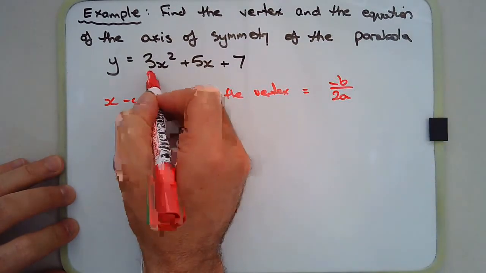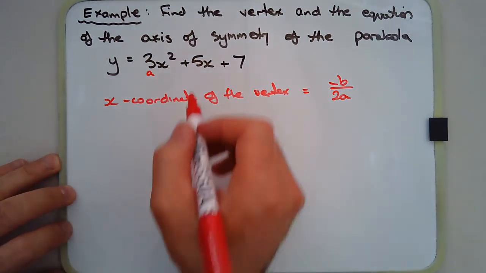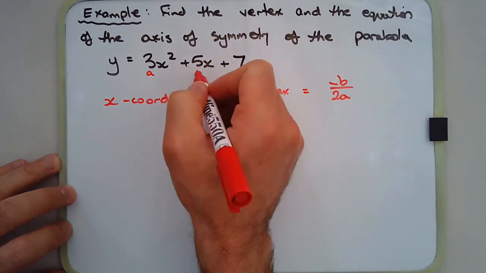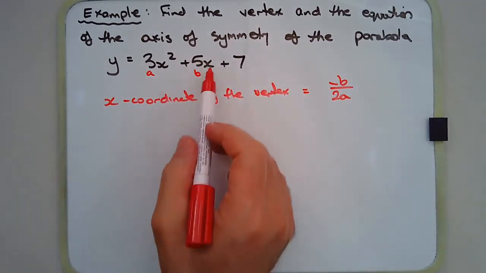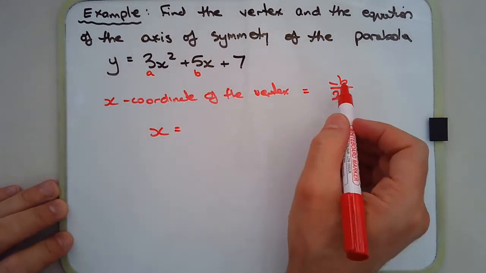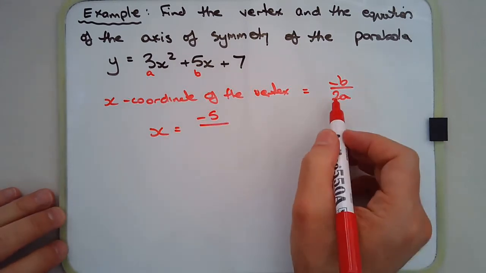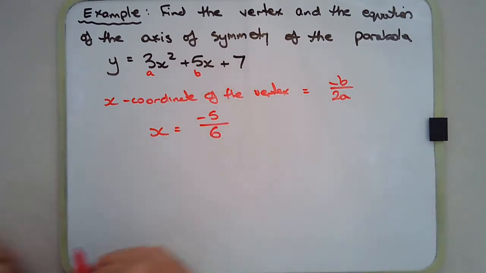This is our a, the coefficient of x squared, and this is our b, the coefficient of x. So x is equal to negative b, so b happens to be 5, so negative 5, over 2a, so 2 times 3, which is 6, and that's it. Think of that as part A.